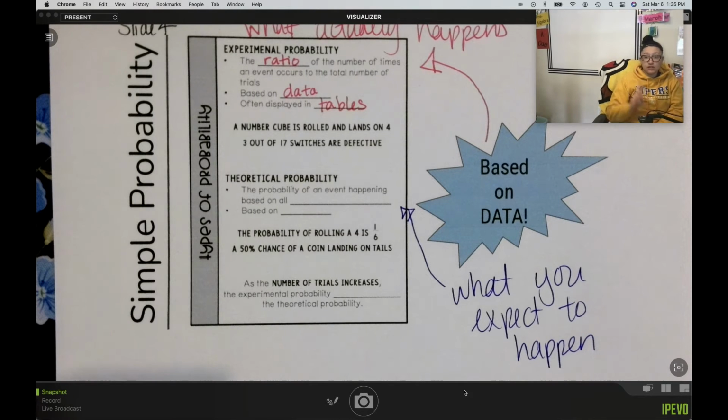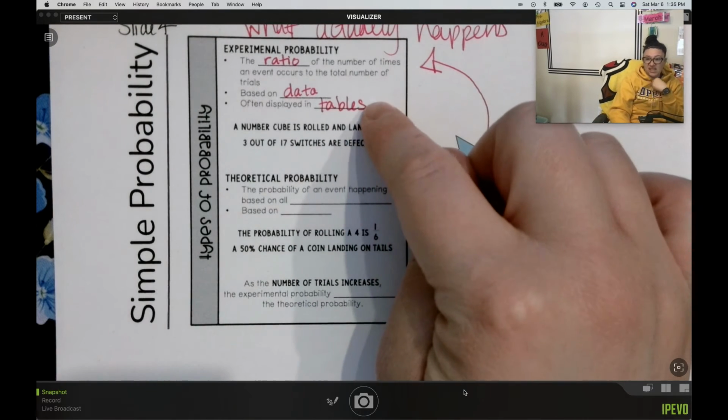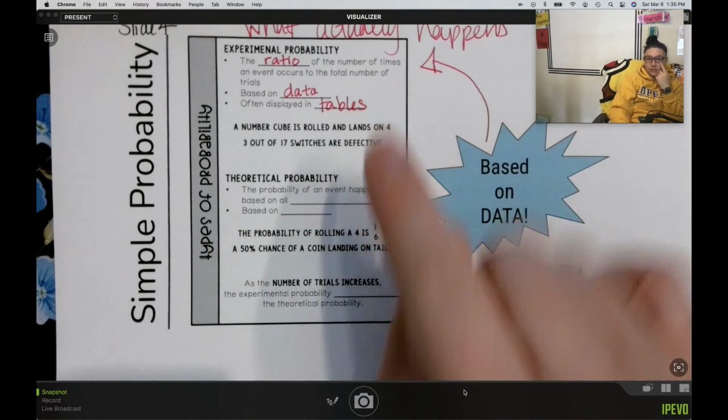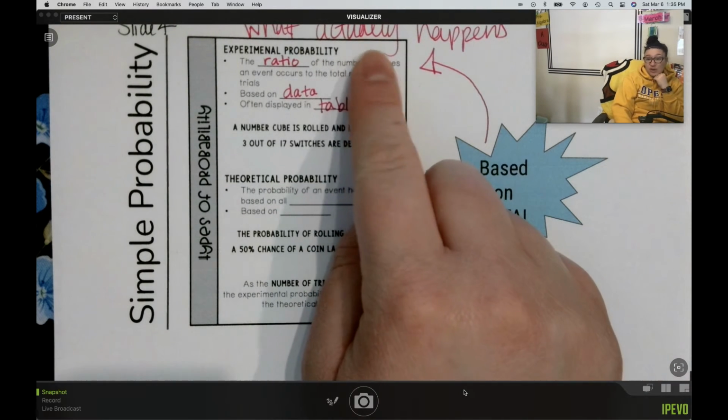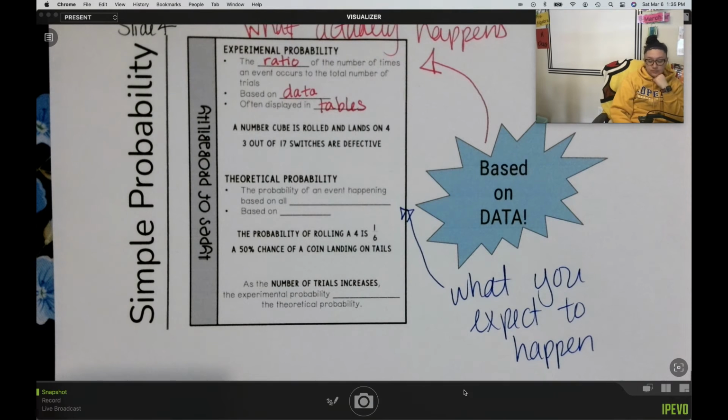If I flip a coin 2 times, I expect one of them to be heads and the other to be tails, but that doesn't always happen. Sometimes I'll flip my coin 2 times and they're both tails. Sometimes they'll both be heads. That would be experimental because I actually did something. There's data. Theoretical is what you expect. Experimental is what actually does happen.